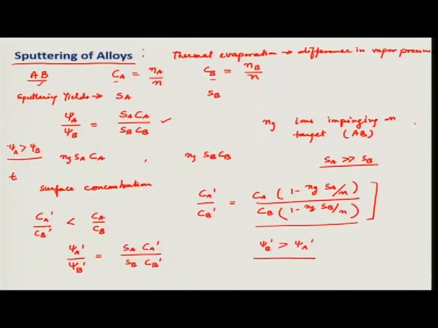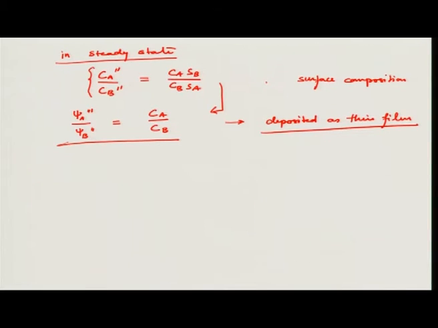Remember, our target was this Ca and Cb, and we wanted to deposit the film of the same ratio Ca over Cb, and we have achieved that. But my surface composition is different. Surface composition, not the target composition.